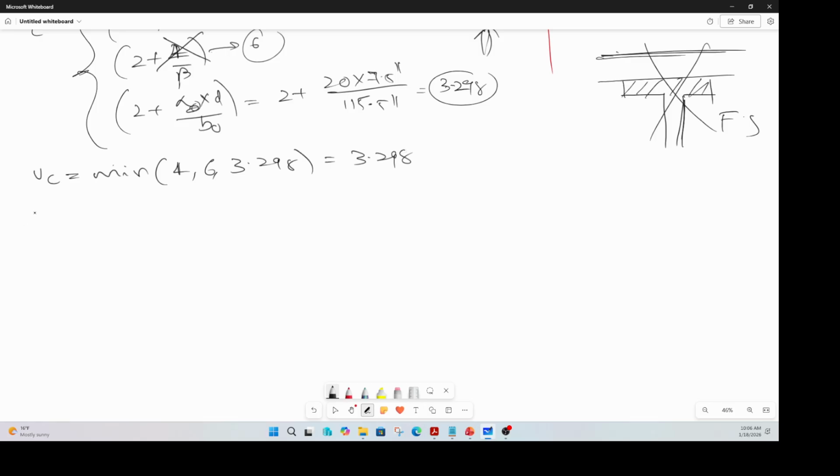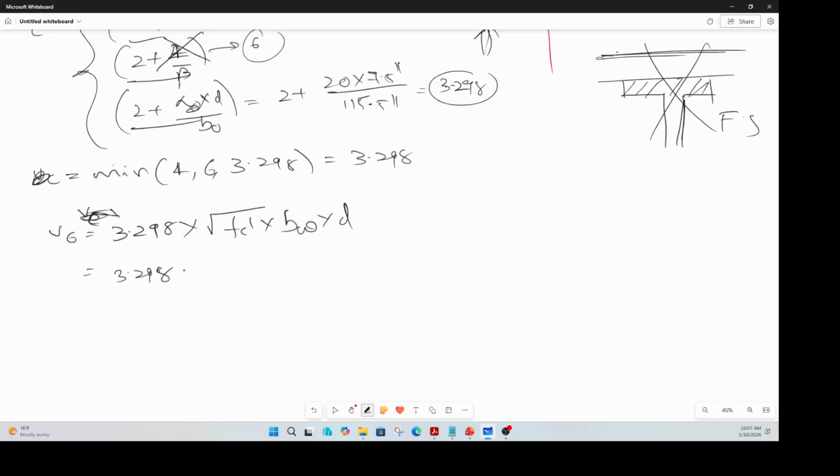Now we take that parameter. We have calculated these parameters, and the least parameter is 3.298. So vc is 3.298 times the square root of fc prime, that is 600, times b, but this b is the area that I was talking about.